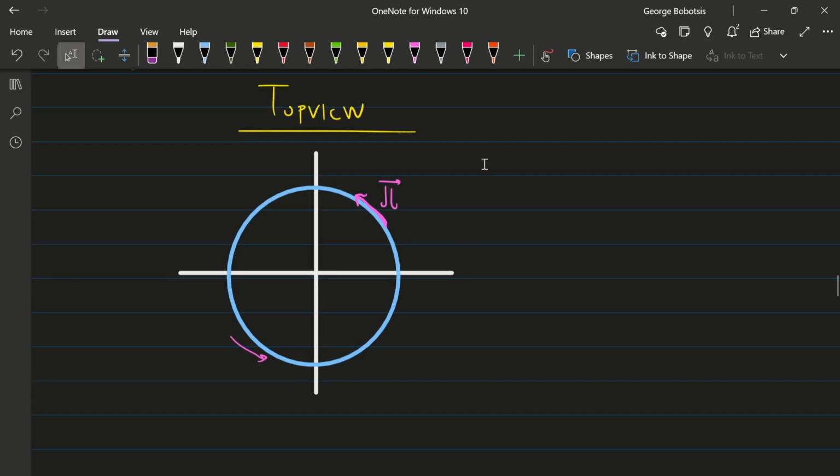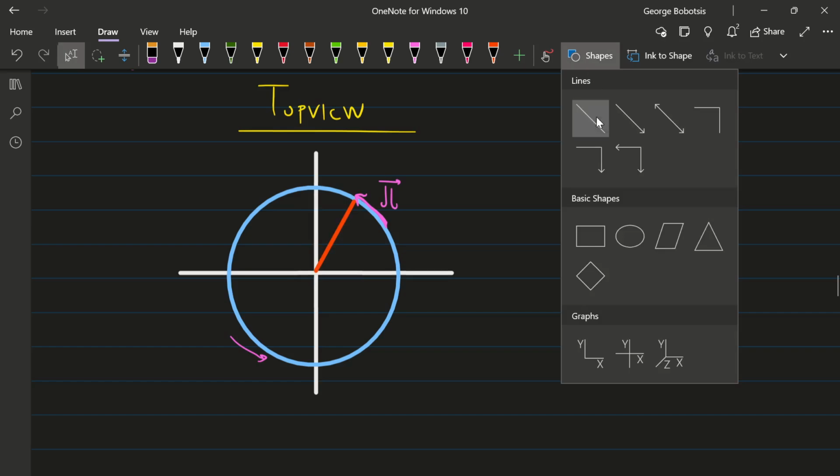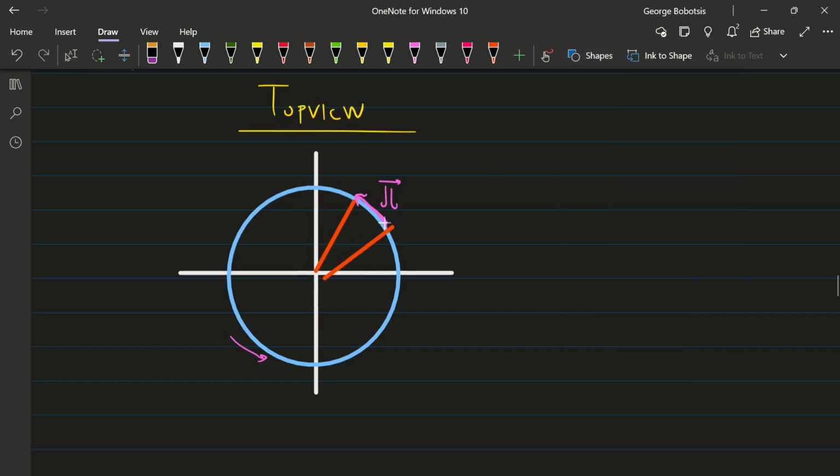I want you to see that you can find it using polars again. You know the radius of the ring in this problem. It's like R or A sometimes, whatever they give you. So if you use polar coordinates, this guy's R, and this opening angle is a small azimuthal angle change, d phi.